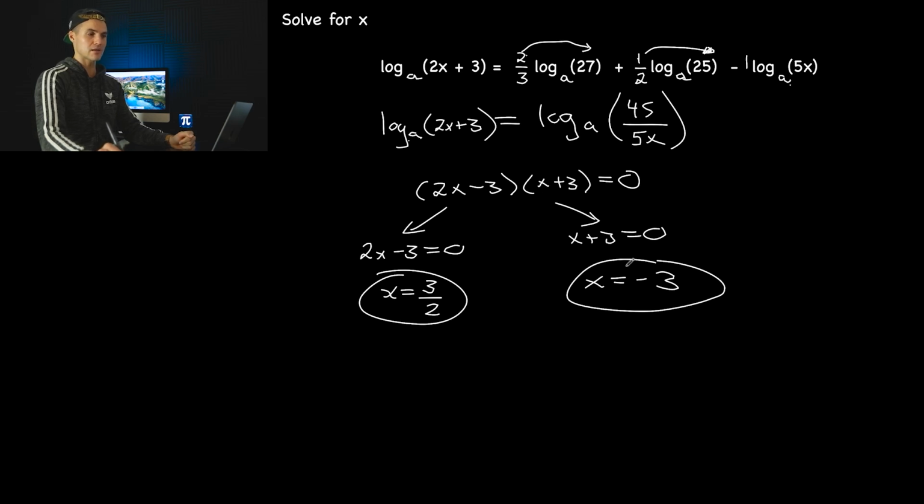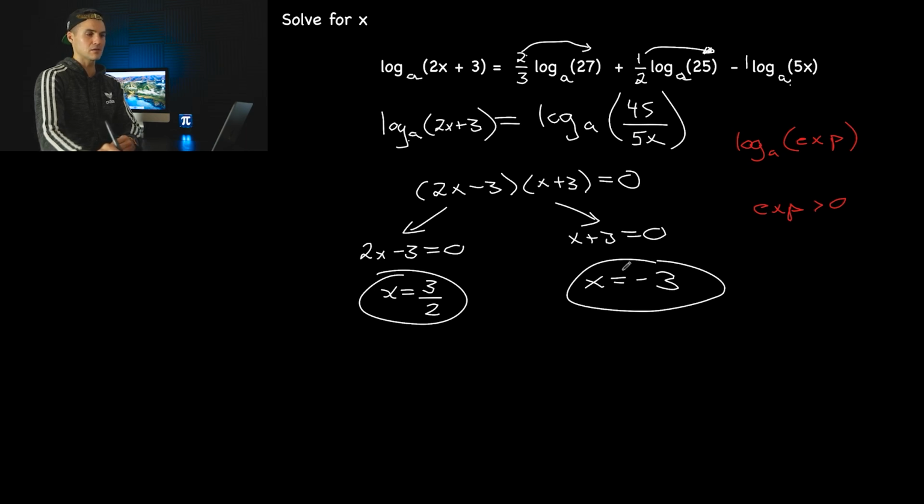And the way we check that, if you remember, we plug our solutions into any logarithms that have the variable. And remember, the brackets, they have to be positive always, right? Whenever you have log of any kind of expression, that expression always has to be positive, right? It can't be 0, can't be negative.